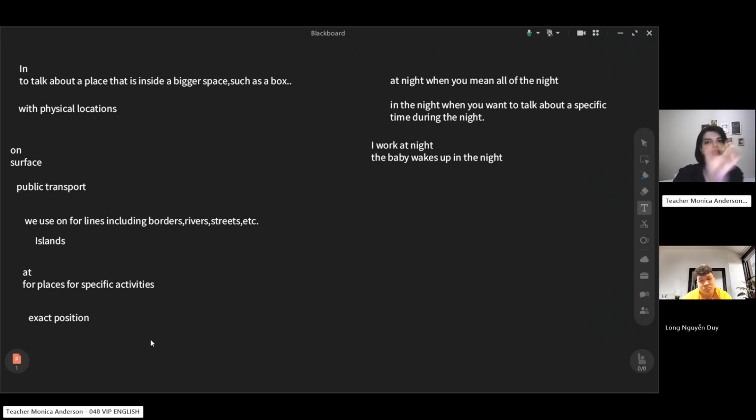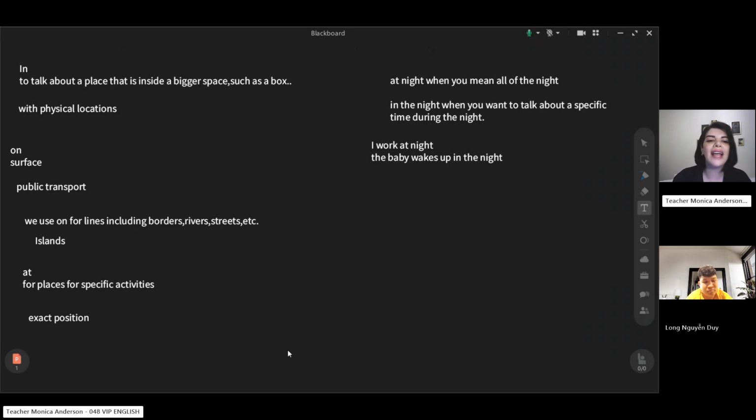And for decades, centuries, and years, we use in the 80s, in 2020, in the 21st century. And with time phrases, in the past, in the future, in the last few years or months. So for other time phrases, we use in.